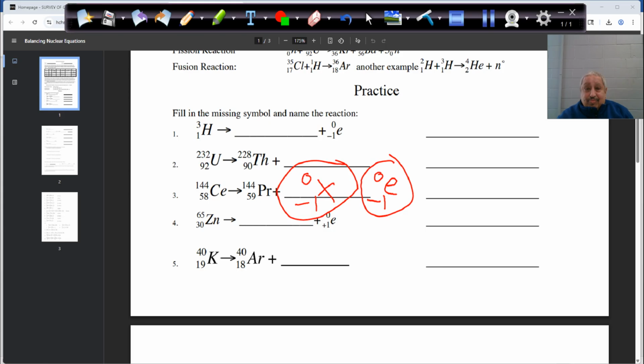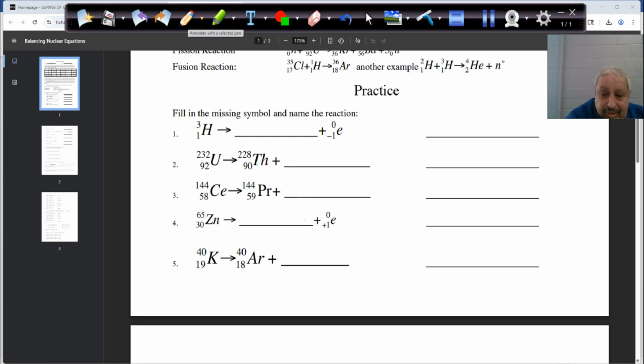Okay, so can I take this one out? Okay, let's take this one out. How about number 4? What is this one here? What do we call this one here? Beta.